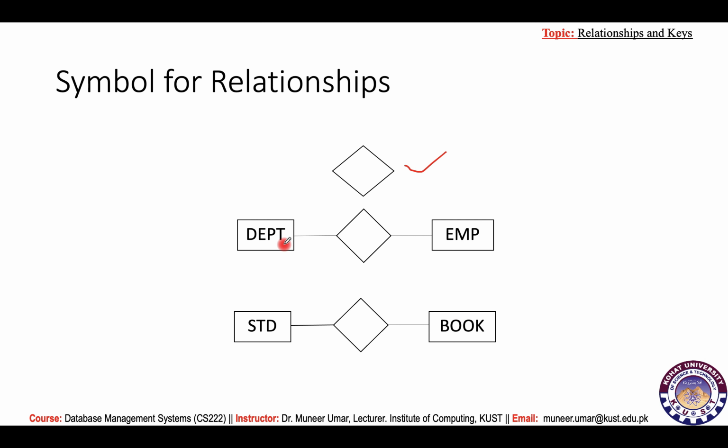So all the instances inside department will have association with the instances of the employee table. Similarly, the instances of student will have association with the instances of the book table.